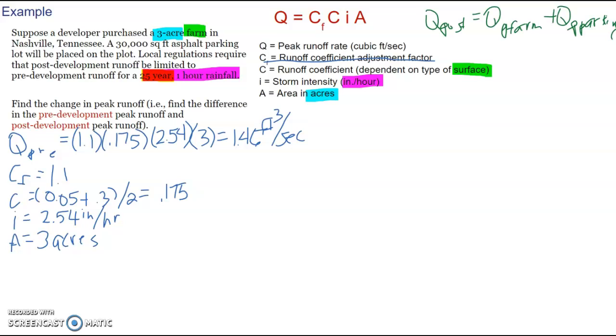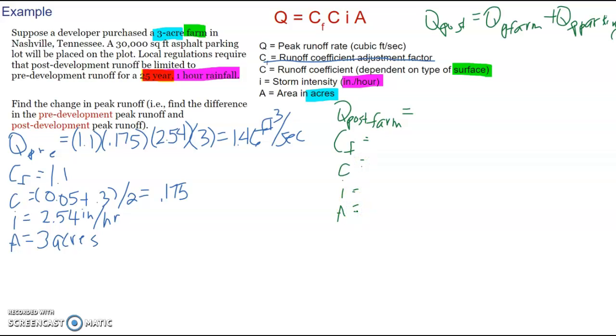So it's going to be both. First thing we're going to do is figure out our Q post farm. It's very helpful to use subscripts on all of these, because you're going to have tons of different Q's, and this helps you keep everything straight. So our C sub F, our C, our I, and our A.